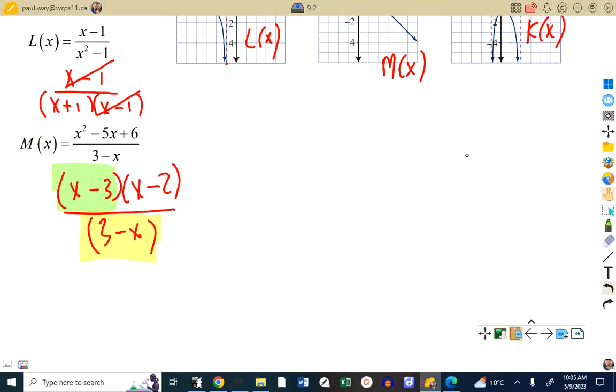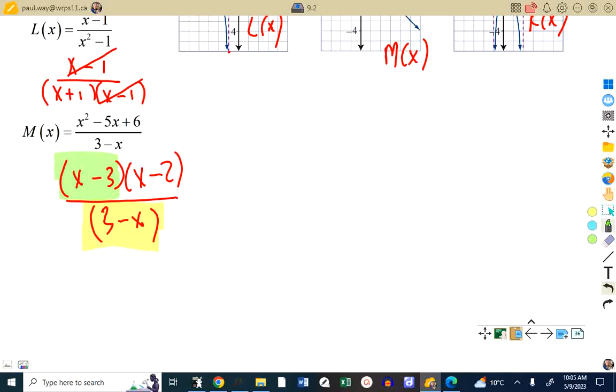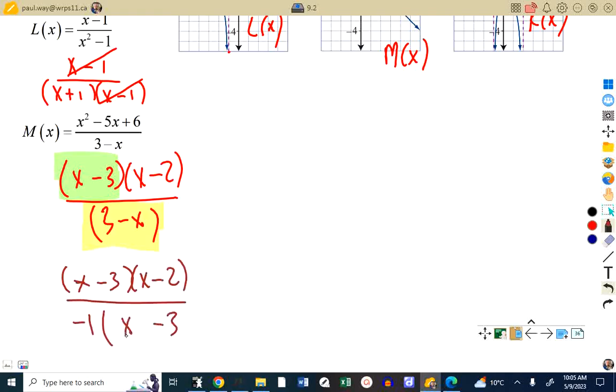However, if I factor a negative 1 out of the bottom, it doesn't matter, but I suspect most people would factor the negative 1 out of the bottom. The 3 becomes negative 3, the x becomes positive x. Now they cancel. So what we're left with is negative x minus 2.